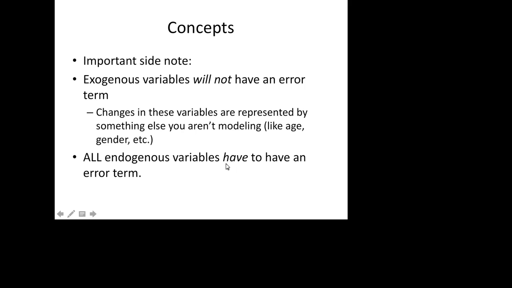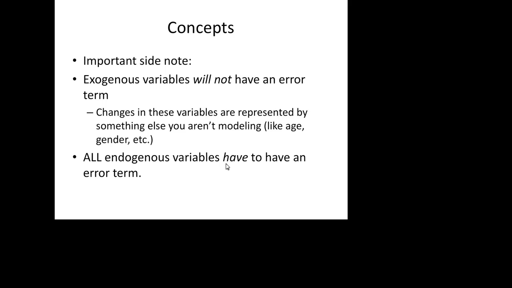The reason is that we're basically saying X causes Y, so we're using that exogenous variable to predict Y. Anytime we're not getting Y totally correct, the error happens on Y. We have the participant's score, what I've predicted the score to be based on X, and everything left over is error in Y.